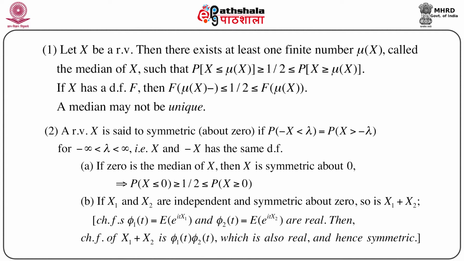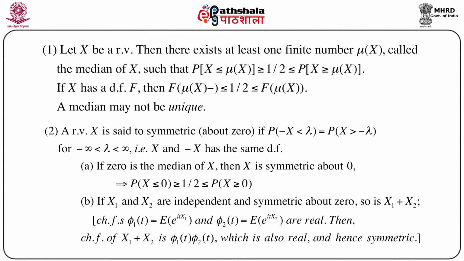The second observation is about symmetry. A random variable X is said to be symmetric, without loss of generality about 0, if probability of minus X less than lambda equals probability of X greater than minus lambda, for lambda finite, that is, minus infinity less than lambda less than infinity.